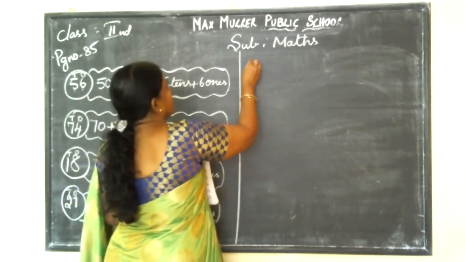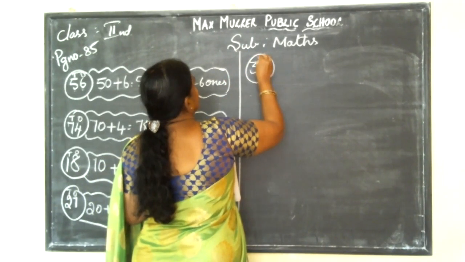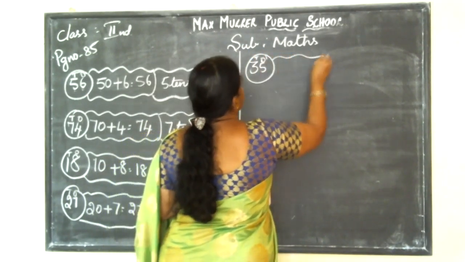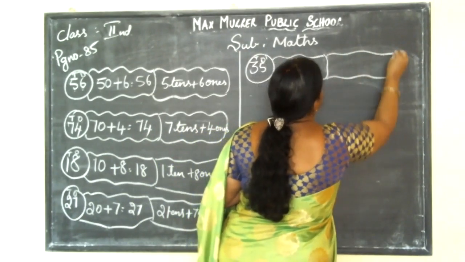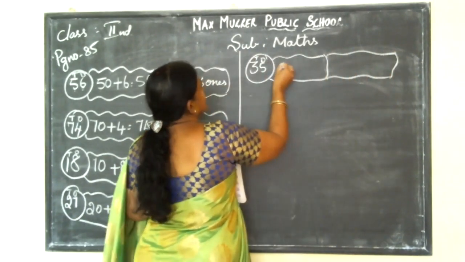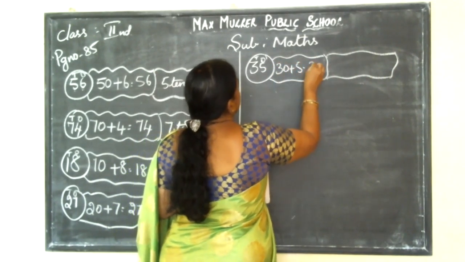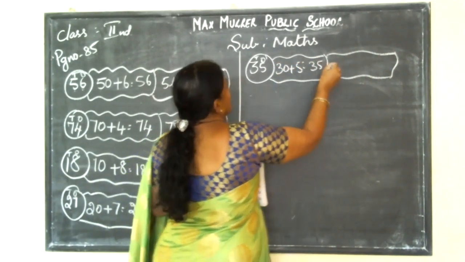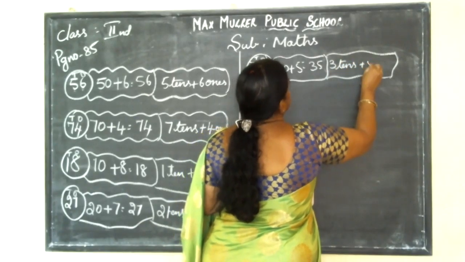Here 35. 3 is in the tens place. 30 plus 5 is equal to 35. 3 tens plus 5 ones.